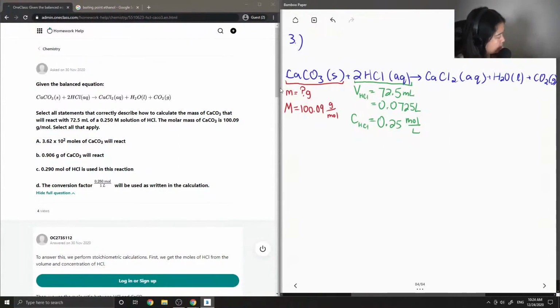So we just need to figure out the mass of calcium carbonate.